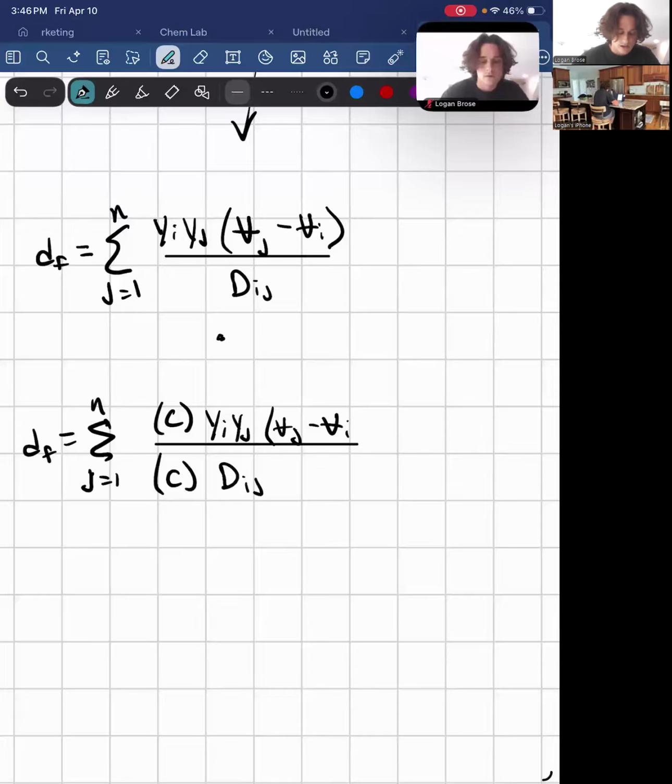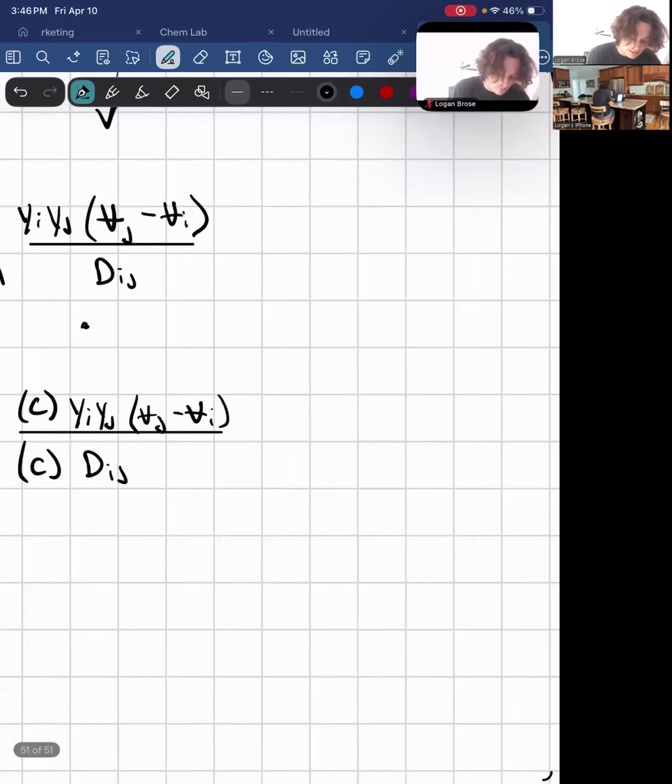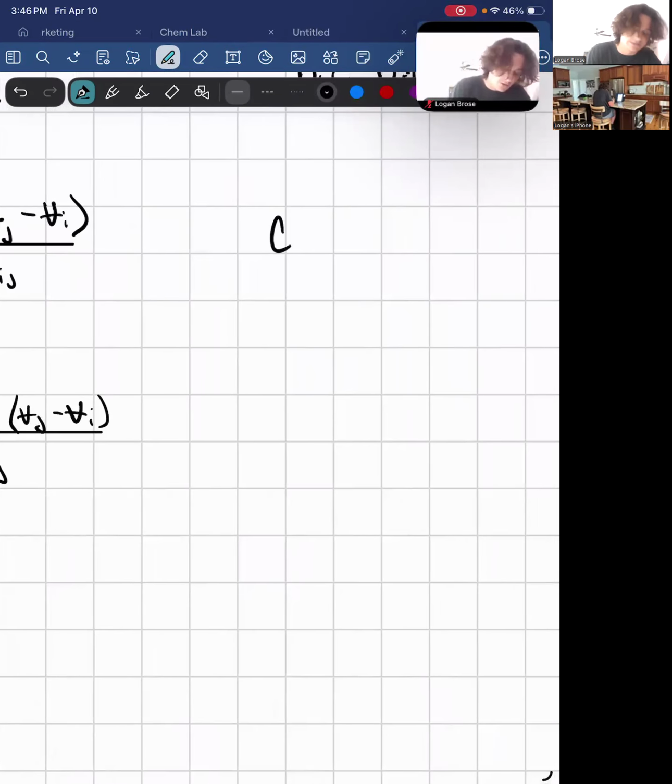And so one thing to note here is, when we are multiplying things out, we know our concentration times our mole fraction, so C times yi in this case, that is just going to end up being the concentration of that component. So it'll be Ci, or with j, it'll be Cj.